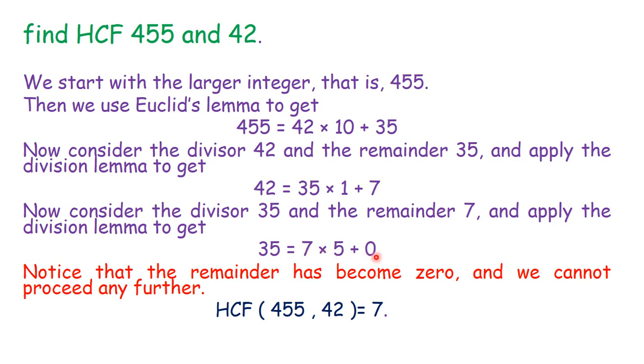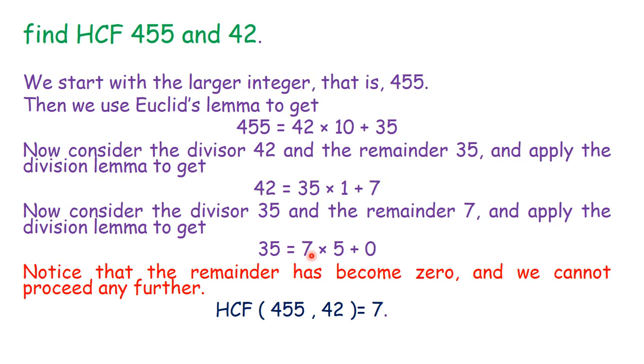So now stop here. When remainder becomes 0, then stop there, and in this step, what is the value of divisor? The value of divisor is 7. This value will be now your required HCF.